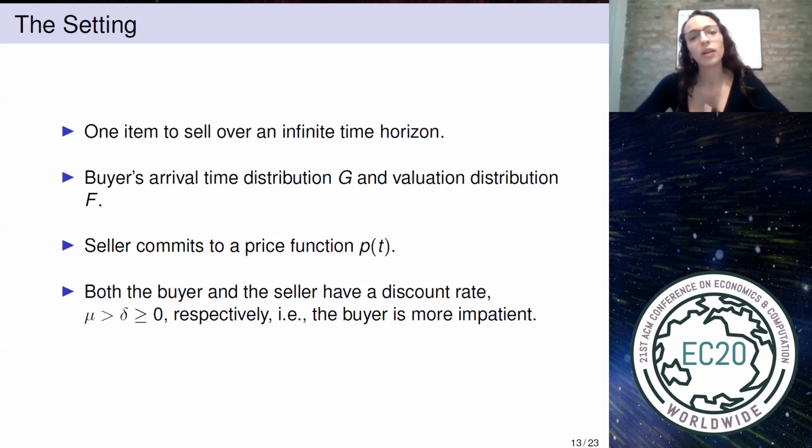Furthermore, we consider that the buyer is more impatient than the seller, because otherwise it's well known in the literature that the optimal price is to set a fixed price, and then we don't have a dynamic problem.